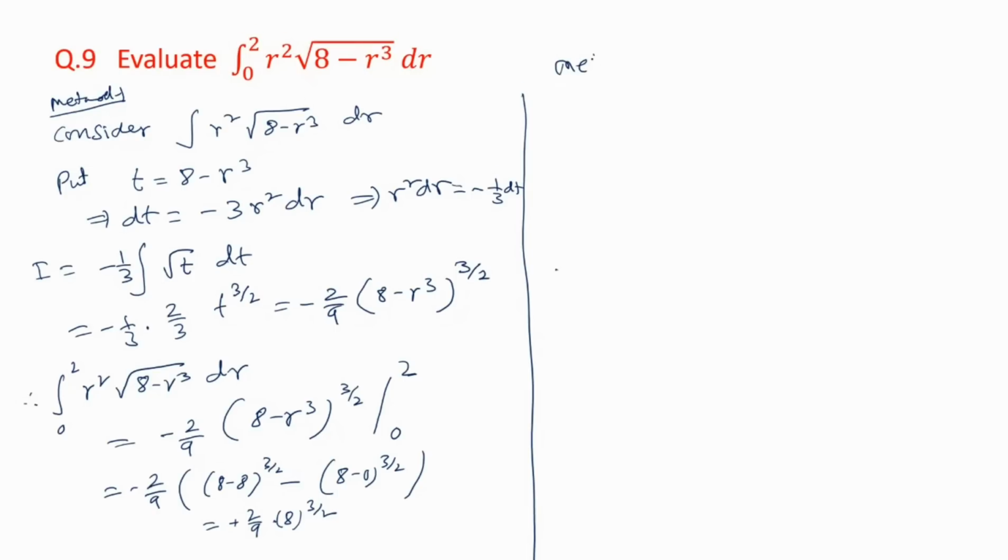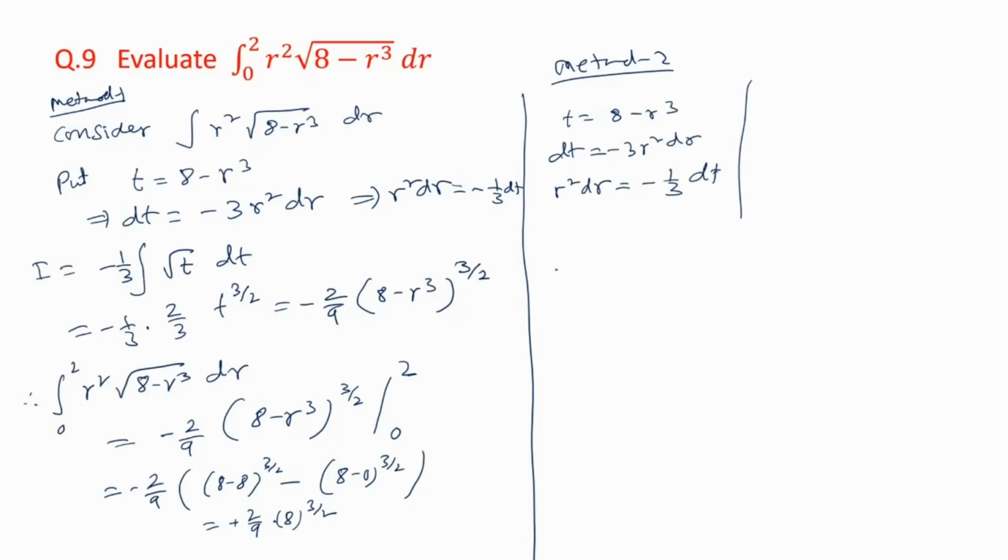Now we have method 2. In this method also we'll proceed almost the same way. So put t equals 8 minus r to the power 3, dt equals minus 3r square dr, and then you will get r square dr equals minus 1 over 3 dt.